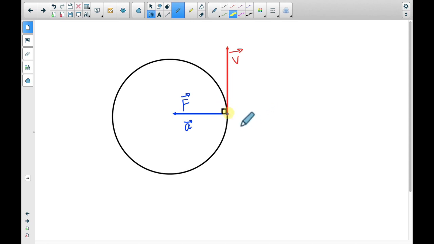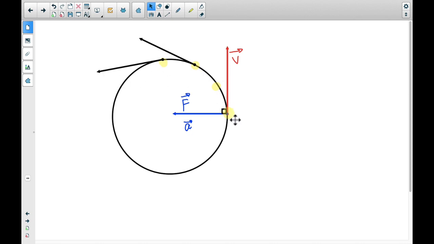And so that's why we've been using that letter V. The velocity here, the velocity here, the velocity here, the velocity here. Each of those velocities has the same magnitude, but they have a different direction. The direction is always tangent to the circle. At these other places, it will be tangent to the circle from wherever it is.